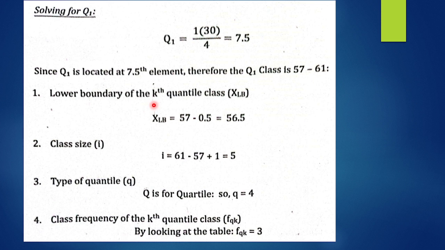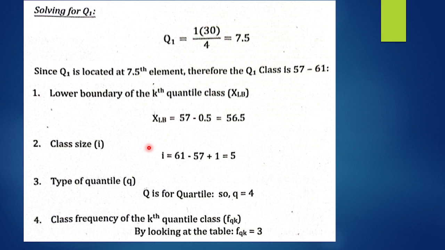The lower boundary of the kth quantile class, XLB, is 57. As we remember from our previous video, we subtract 0.5 for the lower boundary, and for the upper boundary, we add 0.5. Hence, since the question is for the lower boundary, 57 minus 0.5, our XLB is 56.5. Now, our class size is, of course, very obvious.